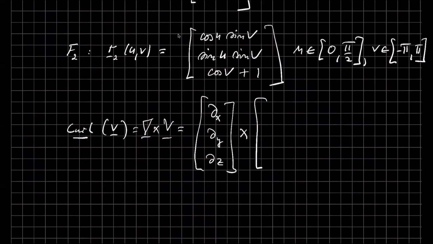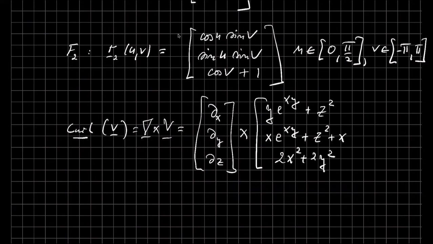I have the V vector here. I write it again: y e to the xy plus z squared, and then x, and then e to the xy plus z squared plus x, and then finally 2x squared plus 2y squared.